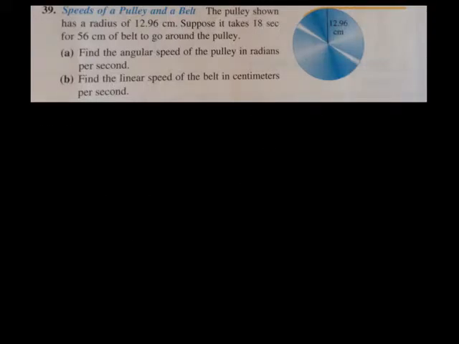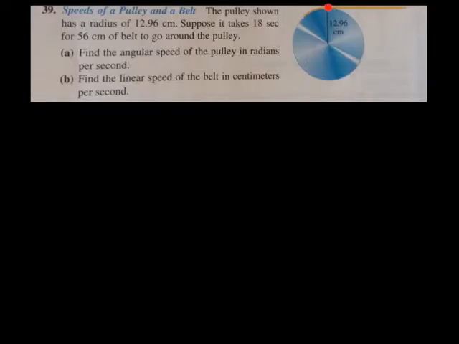Okay, let's do number 39. We've got a pulley shown. It has a radius of 12.96, and suppose that it takes 18 seconds for 56 centimeters of belt to go around the pulley. So let's say that this is going around and it's pulling this belt this way.